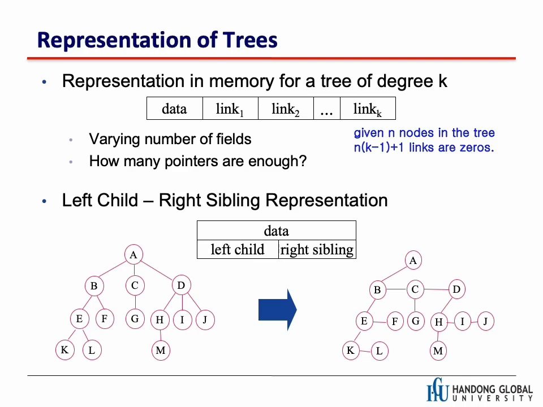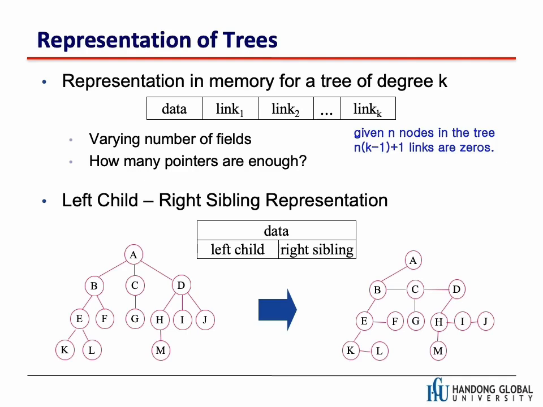A was the root node, and B, C, D were siblings in the left tree. But now in the right tree, B, C, D are connected because they are siblings. In the next level, E, F is connected, and then in the next, K, L is connected. But F and G are not connected because they are not siblings. So G is connected to C. And then H, I, J are connected, and H is connected to D. Likewise, we can transform any kind of tree with any degree into this right sibling representation.